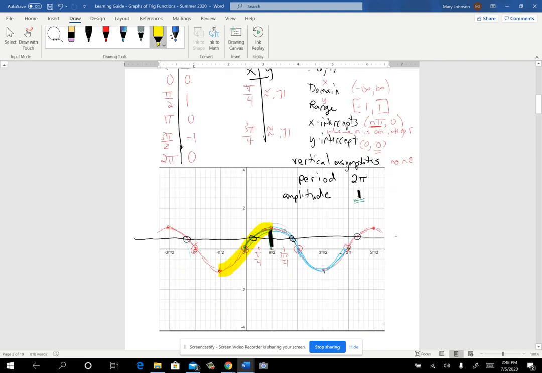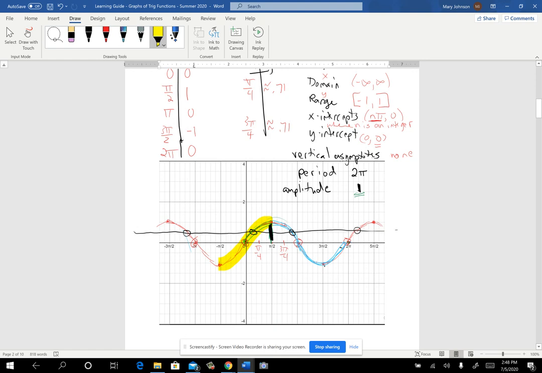If we restrict ourselves to just that portion right there, that covers all the possible outputs to the sine function. And so you see now, if I were to draw a horizontal line, it would only hit that yellow portion in one spot, right here, and that would be the angle that the calculator would give us.